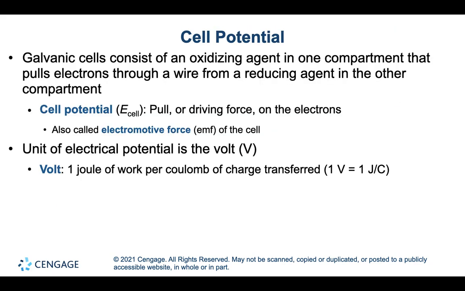So galvanic cells are going to consist of an oxidizing agent in one compartment, and that oxidizing agent, remember, causes something else to be reduced. So it's going to pull electrons through the wire from the reducing agent in the other compartment.